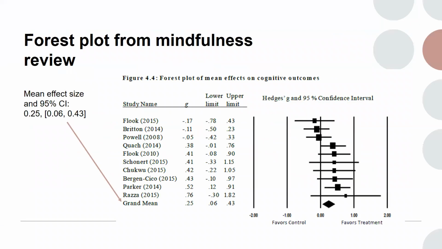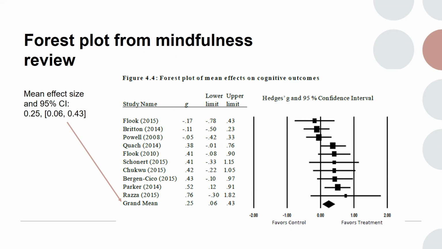Okay, so here's just a small example from the mindfulness review. This is giving us a graphic of what the average effect is across a set of studies, looking at the cognitive outcomes for children who were involved in a mindfulness intervention. Let me just orient you to this.